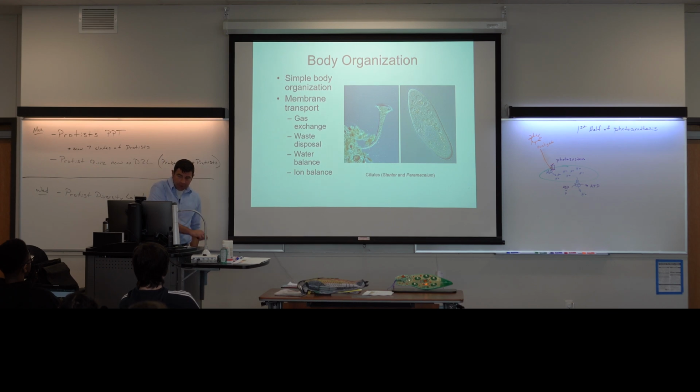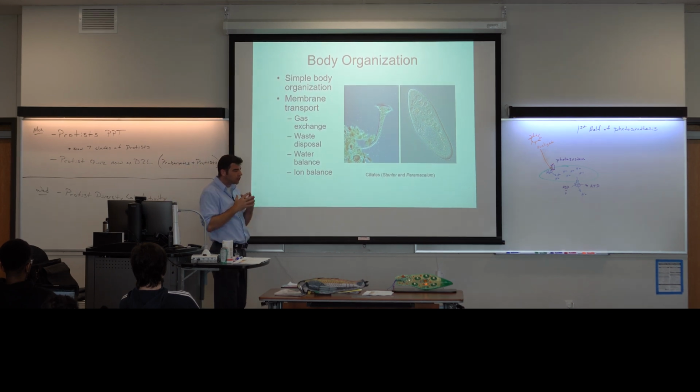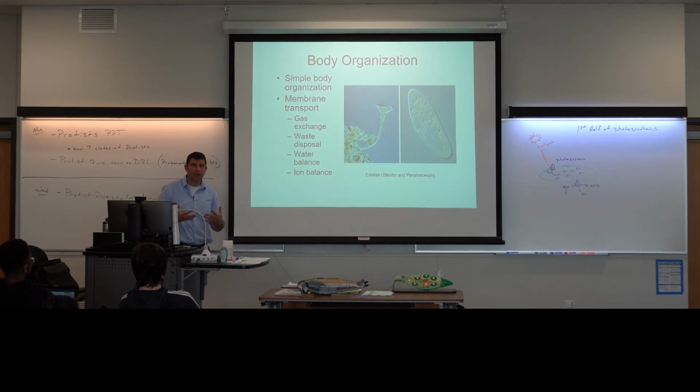Some other general characteristics about protists. They're typically single-celled, but we're going to look at a couple of examples of what we're going to call colonial or multicellular. For the most part, all of these protists are small enough that there is no internal system set up. We are large enough now that all of our cells cannot get enough oxygen and get their carbon dioxide washed away in time.